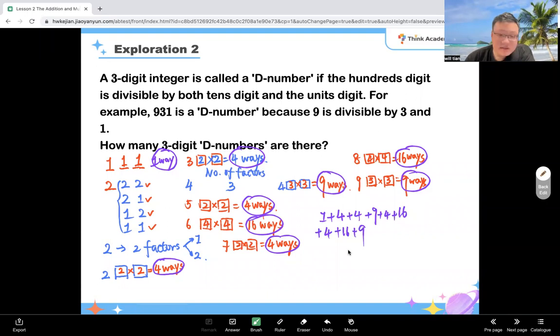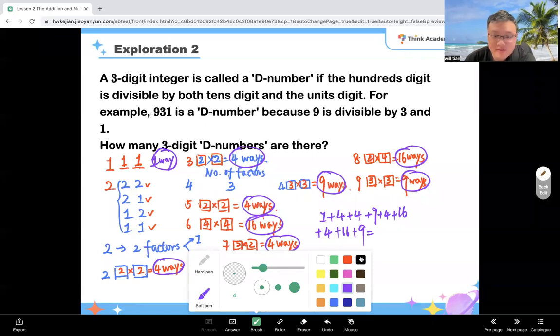Okay, I guess that's it. 1, 4, 4, 9, 4, 16, 4, 16, 9. That's it. So guys, do this calculation. Tell me, is that 67? Yep. Very good. So the final answer will be 67 different ways.